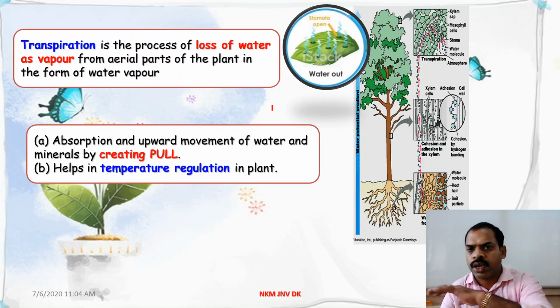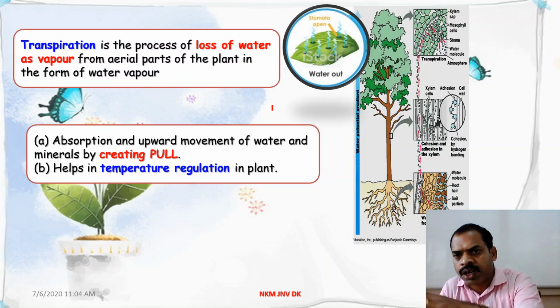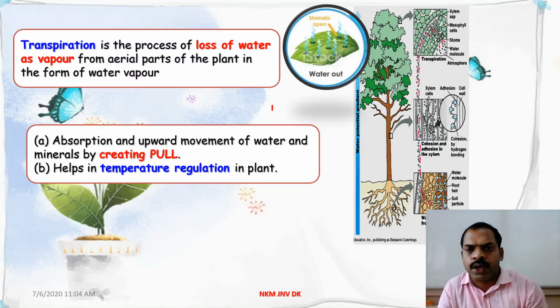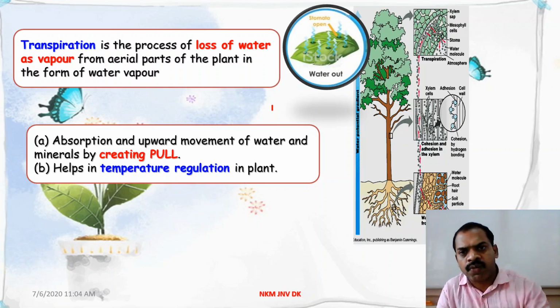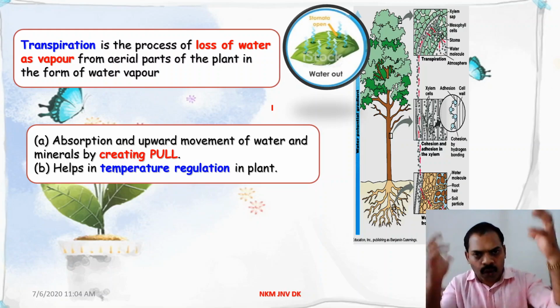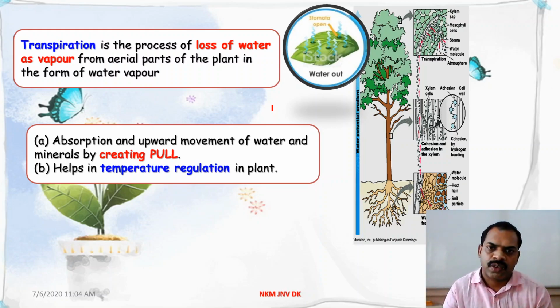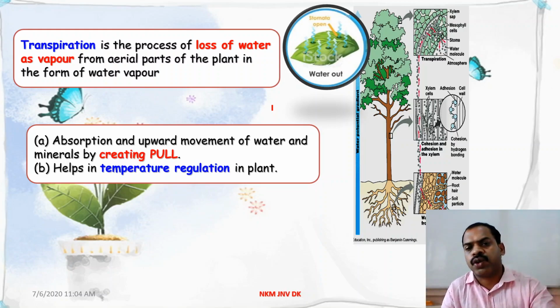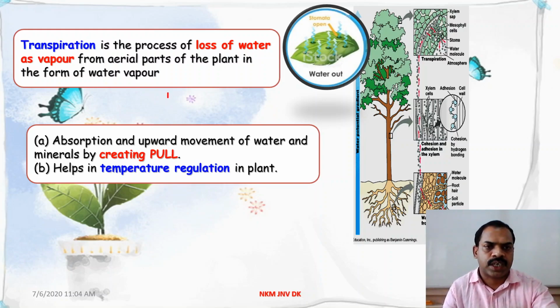You see, on a sunny day, if you stand below a tree, in an open ground, or below a building, where will we feel cool? Below a tree. Why? The tree is releasing water vapor, so that cools the atmosphere also. So if we go and discuss, there are plenty of adaptations or benefits of transpiration.